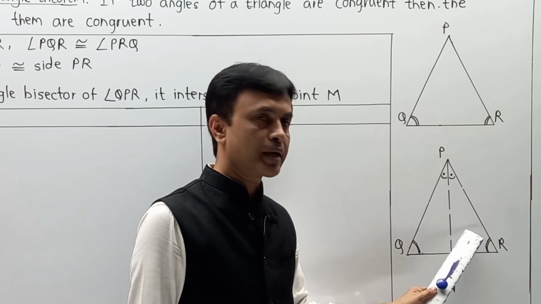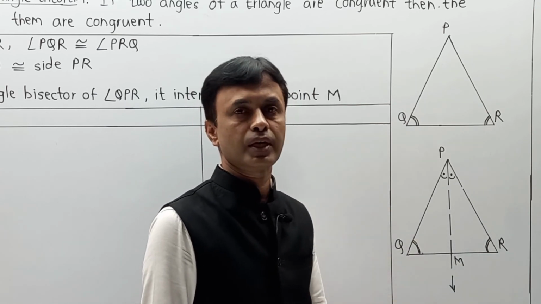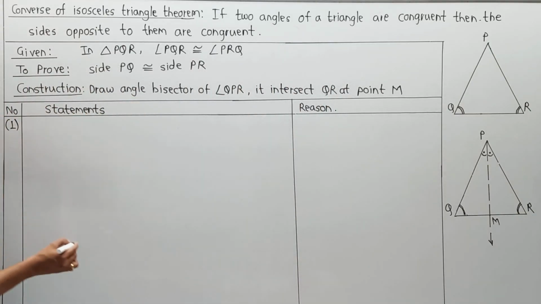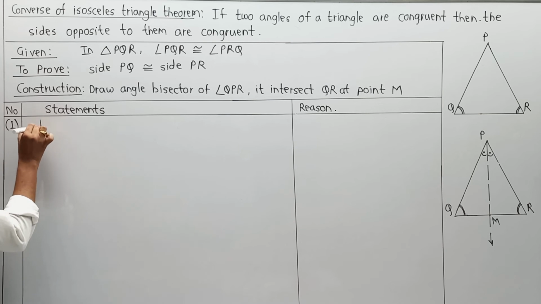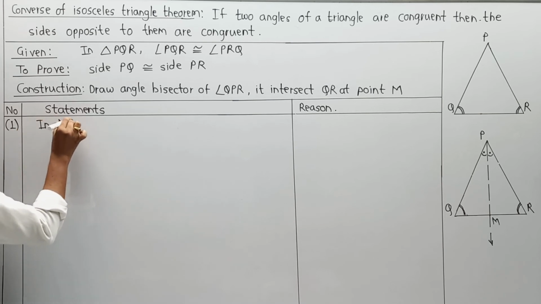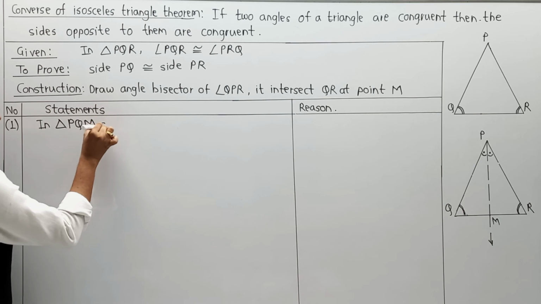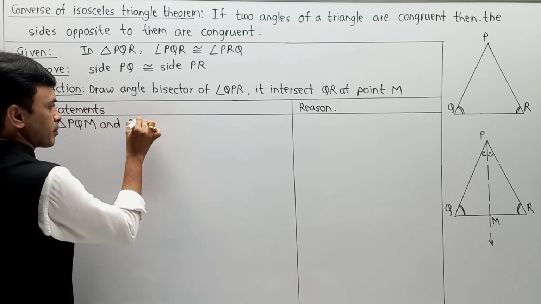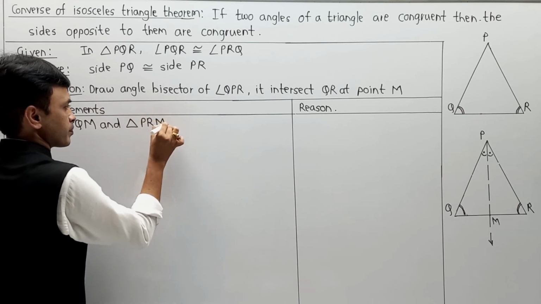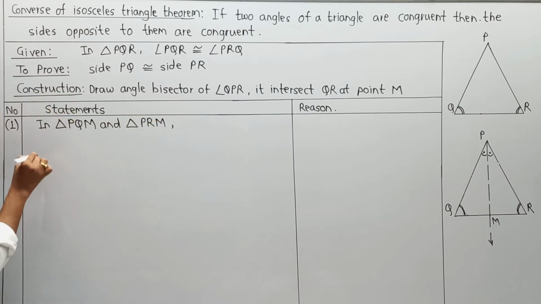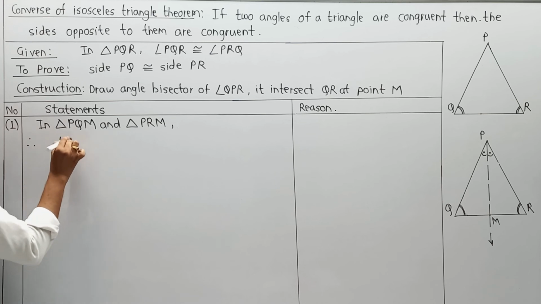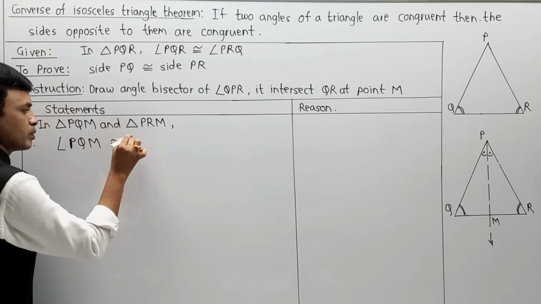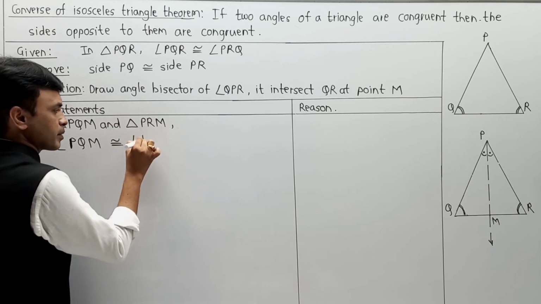And now whatever part we have discussed over here, we are going to write it over there in the form of proof. So the part is, in triangle PQM and in triangle PRM, first angle PQM is congruent to angle PRM.